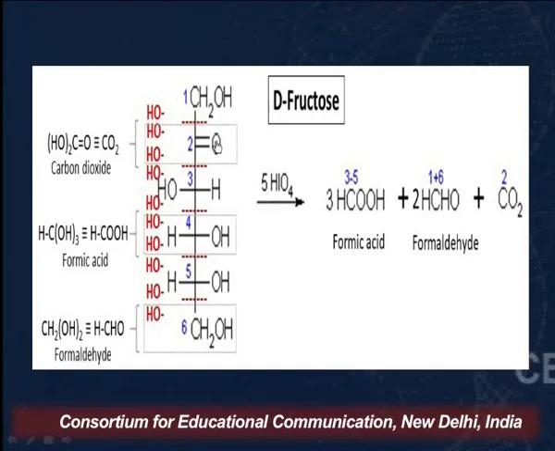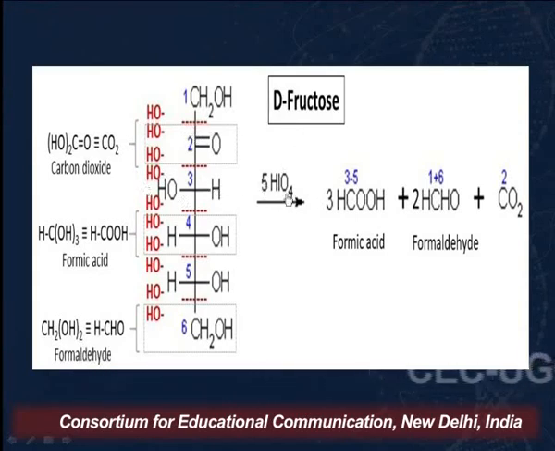But to summarize this and make it simple, what you have to remember is that at the primary alcoholic group, we will break the bond between these two. The primary alcoholic group will be oxidized to formaldehyde. A ketonic group will be oxidized to carbon dioxide.